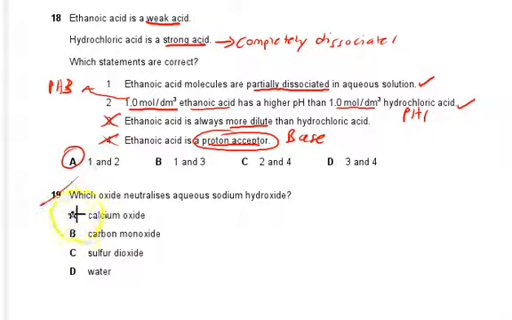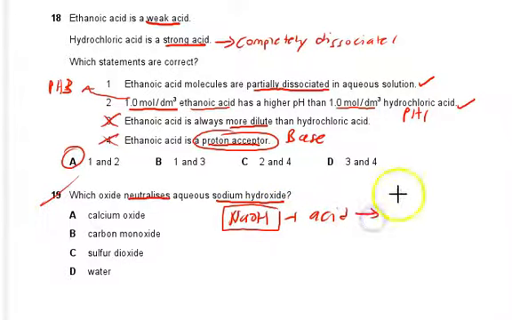Okay, for number 19, which oxide neutralizes aqueous sodium hydroxide? So this is an alkali. We need to have an acid for a neutralization process to occur. Calcium oxide is a group 2 oxide, and group 2 oxide is always alkali.